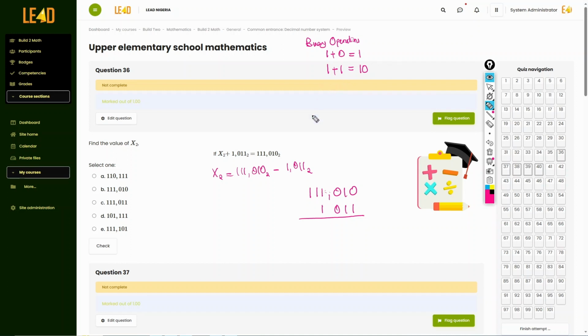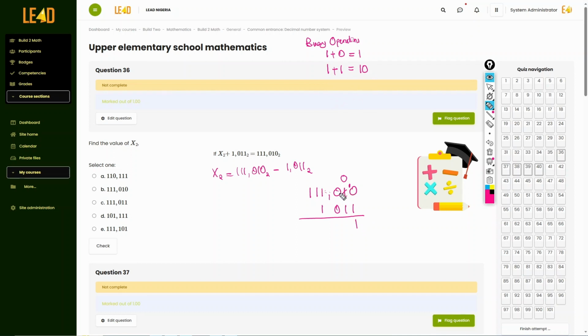All right, so if we work with this, 0 minus 1 doesn't work. So what we do is we borrow 1. If I borrow 1 from here, I'll be left with 0. Put that 1 here, and it becomes 10. 10 minus 1 is going to be 1. Remember, because we said 1 plus 1 is 10, so 10 minus 1 will be 1.